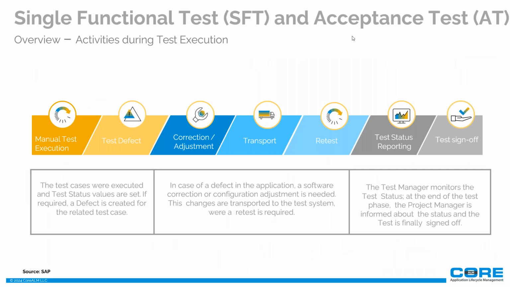So for single functional test and acceptance test, which is I guess the most important test that we have to do, is when we build the test cases, we do the execution. After we build the test plan, we start the execution. We have the defect, and we do the defect correction.